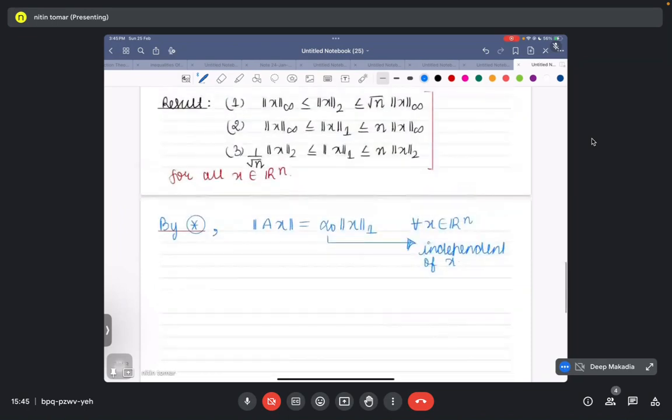Now you see, we'll be interested in the case when, in Rn, we started with one arbitrary norm, right?